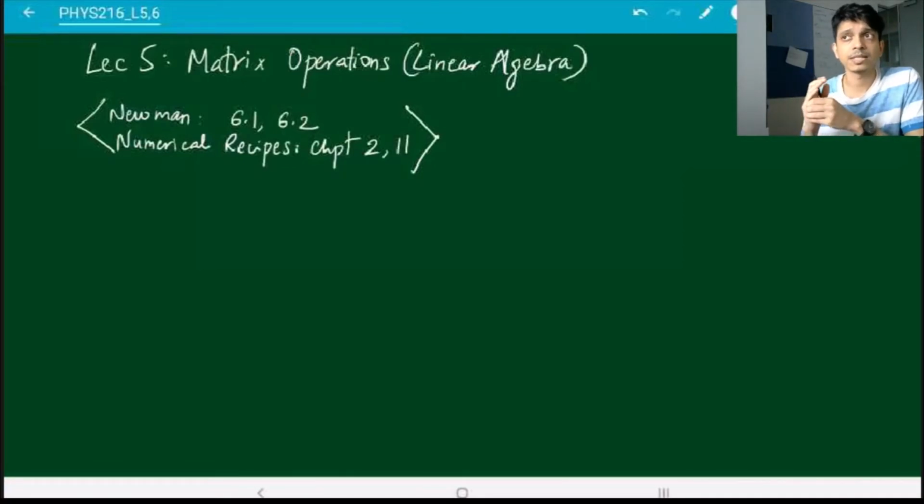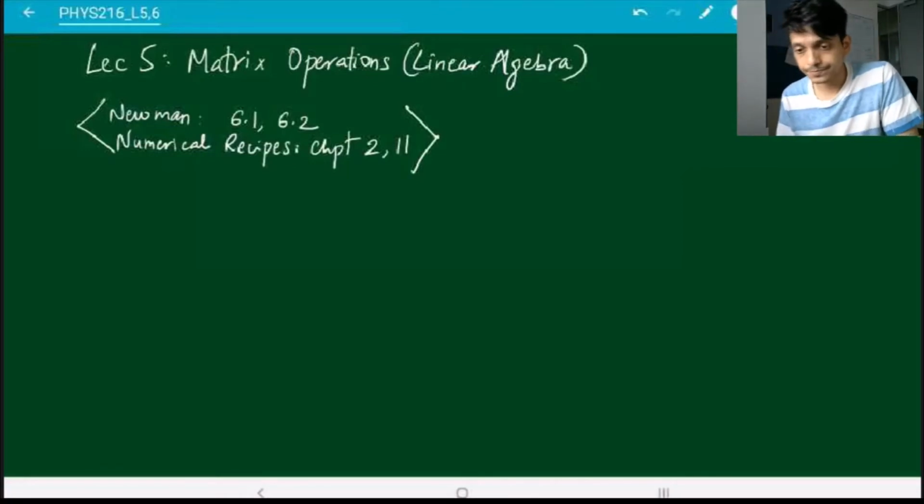Various probabilistic and stochastic processes also, you can apply linear algebra there. So it's one of the more commonly used tools of computational methods, numerical methods, with applicability in various fields. So we're going to spend this lecture studying these topics.